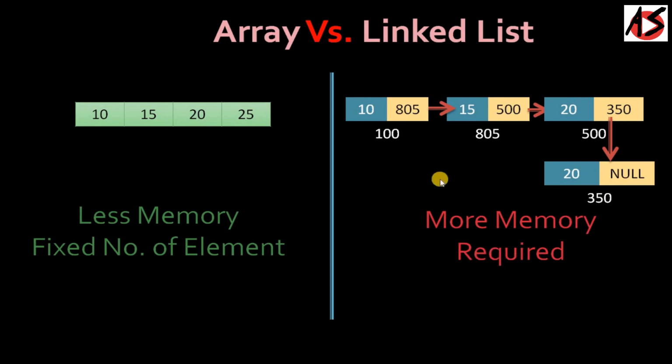So if you want to store the 4 elements in the linked list, you require the 16 bytes to store the data part and 16 bytes to store the link part. So total 32 bytes you require. That is overhead, because you are spending some extra memory to store the pointers. So you require more memory to store the linked list.